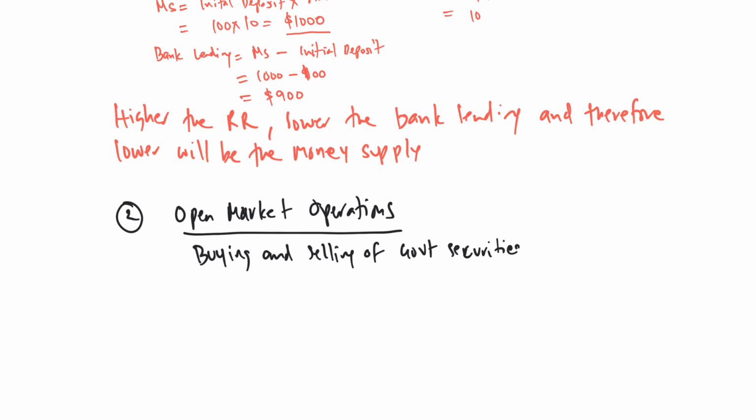When the government sells securities, the securities go to the economy, and in return the government gets the money. If they get the money and don't spend it, automatically money supply will go down. Make sense? When the government sells securities, money supply will fall. Because the securities go to the economy, the money comes to the government through the central bank, and that doesn't get spent, and therefore money supply will fall.